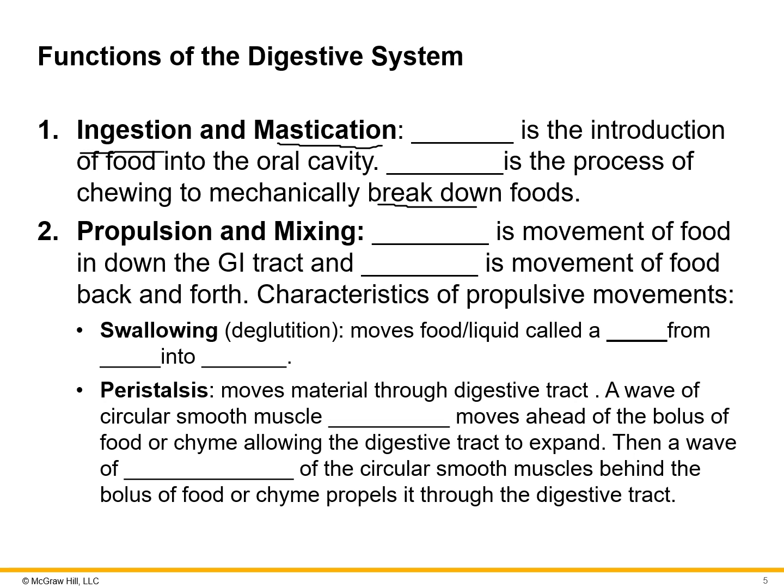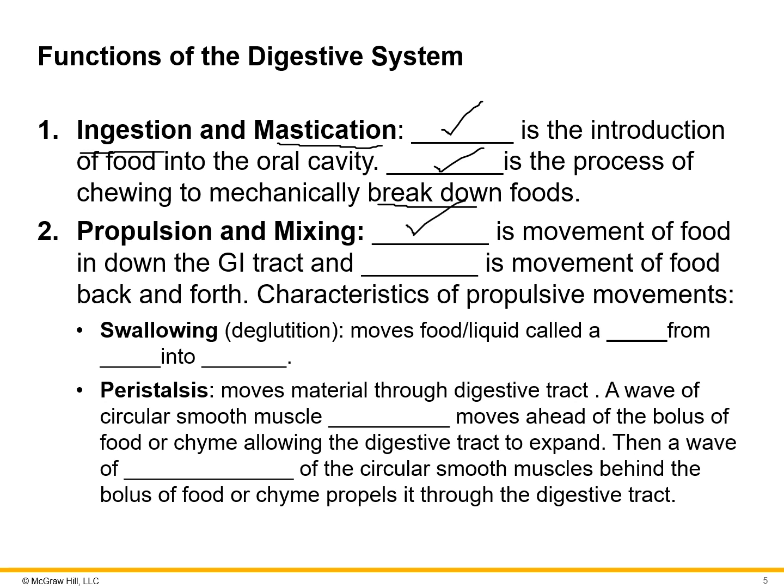So here, ingestion is to introduce food into the oral cavity, and mastication is the process of chewing food down. Now, at any point in this tube, which is your gastrointestinal tube or alimentary canal, the idea is to prevent stagnation, which is why we need propulsion.